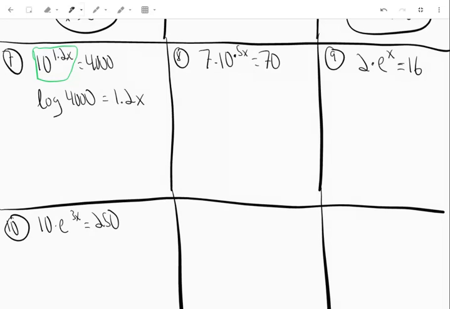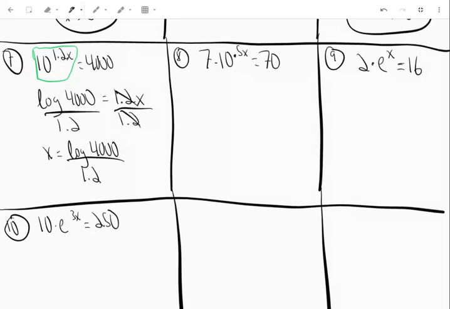And then I have to finish this off by dividing both sides by 1.2. So x is going to be equal to log base 10 of 4,000 divided by 1.2.